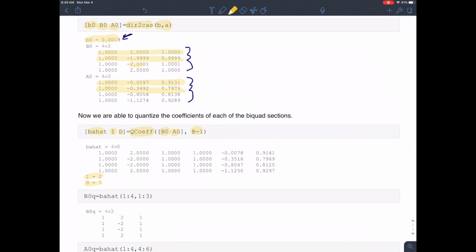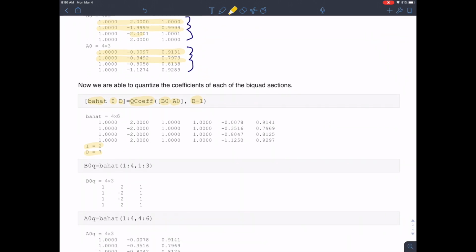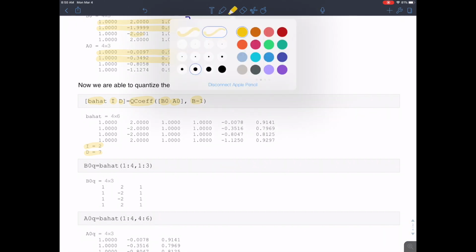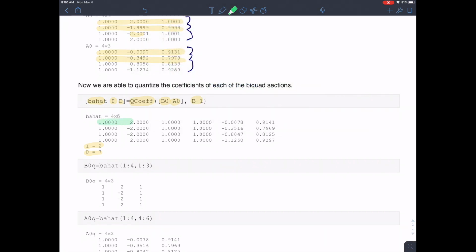Okay. All right, so again, let me change the color here. This half of the BA hat matrix would give me the B's. So I'm pulling off the B's here, and then this half would be the A's.